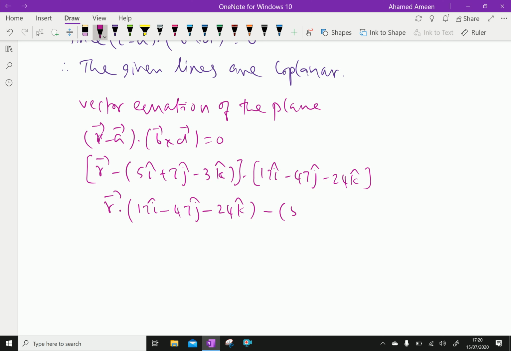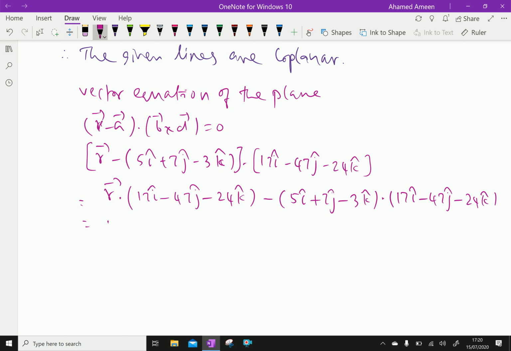We have to find this first: r vector dot 17i minus 47j minus 24k, minus the dot product of 5i plus 7j minus 3k with 17i minus 47j minus 24k.